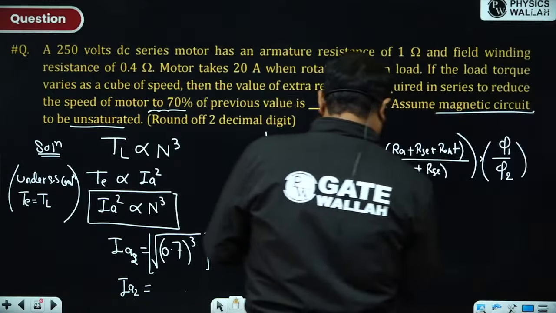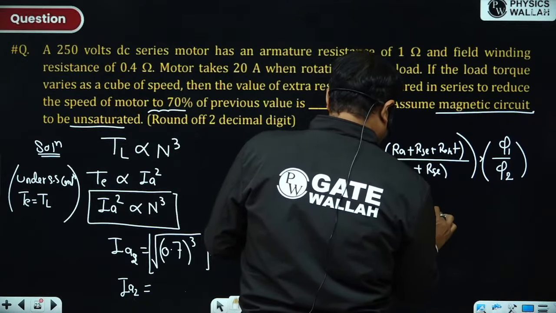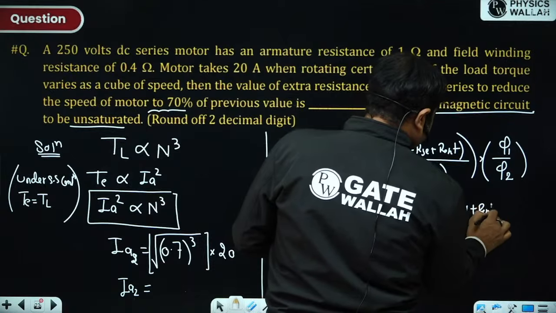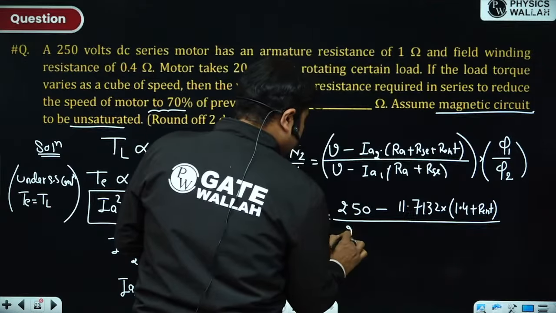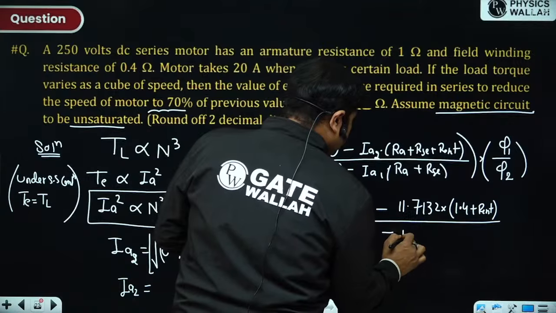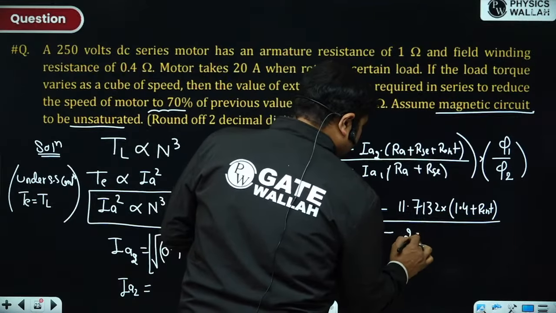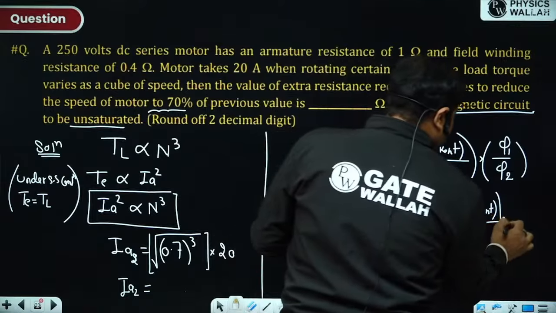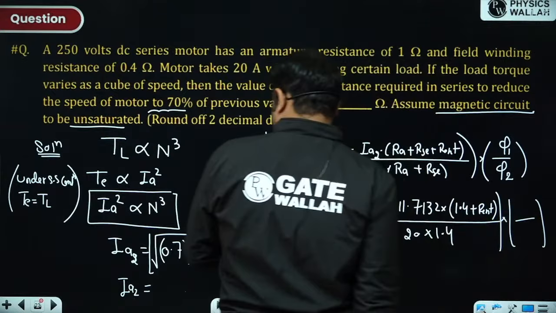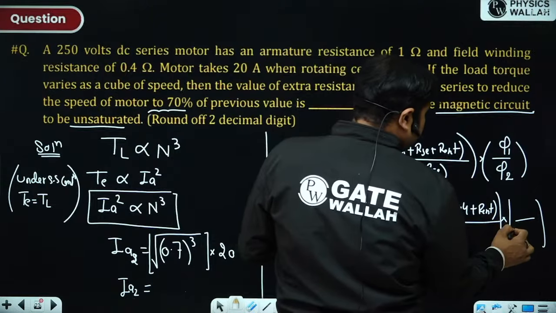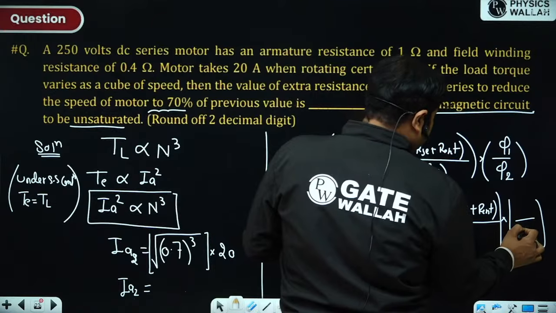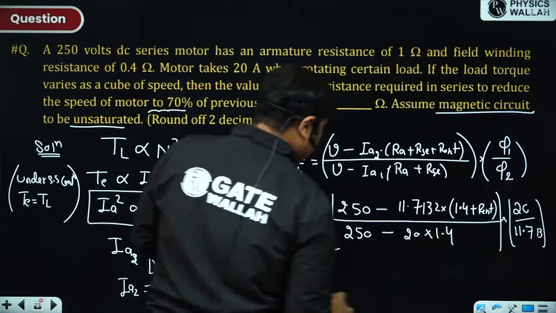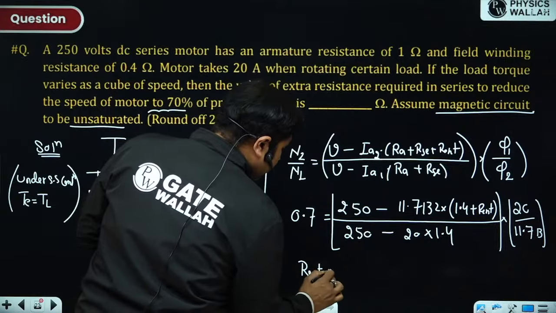So 11.7132 into (1.4 plus the external resistance which needs to be inserted in order to reduce speed), and 20 into 1.4, whole multiplied with flux. Flux will have the same ratio as current because the magnetization curve is linear. So new current is 11.713, old current is 20. You can calculate the external resistance from here.